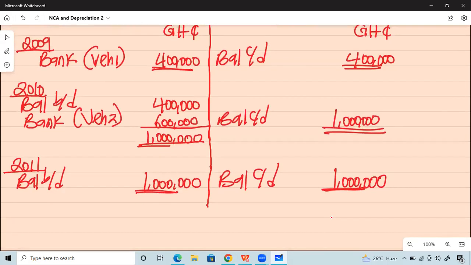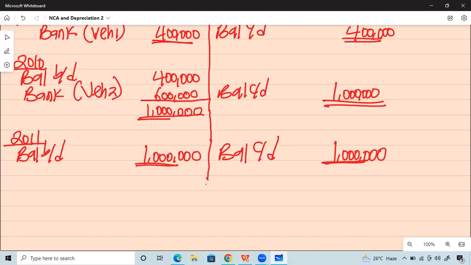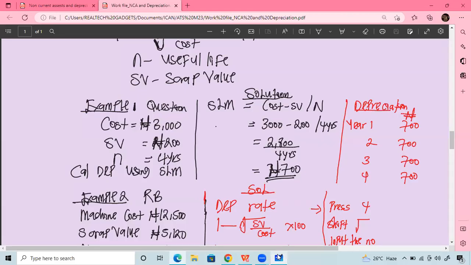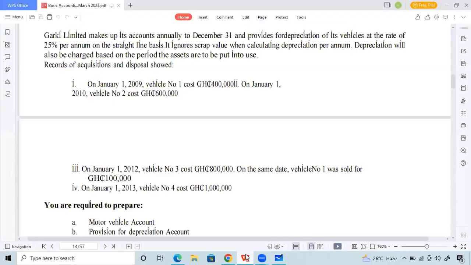So we can go to 2012 now. So this is 2012. In 2012, this is our balance brought down, which is 1 million. So what happened in 2012?